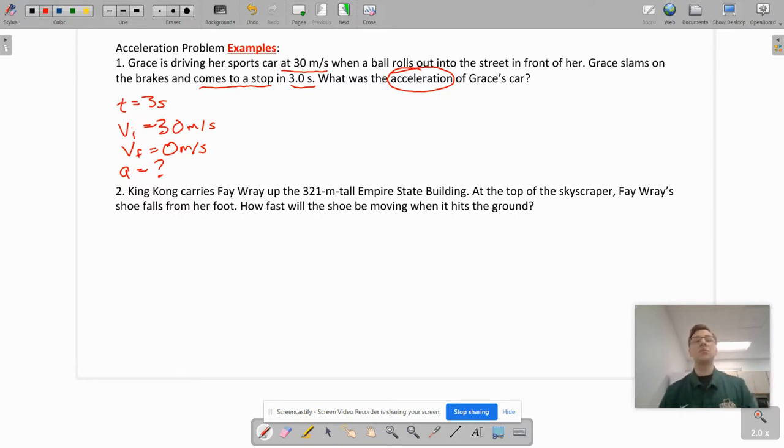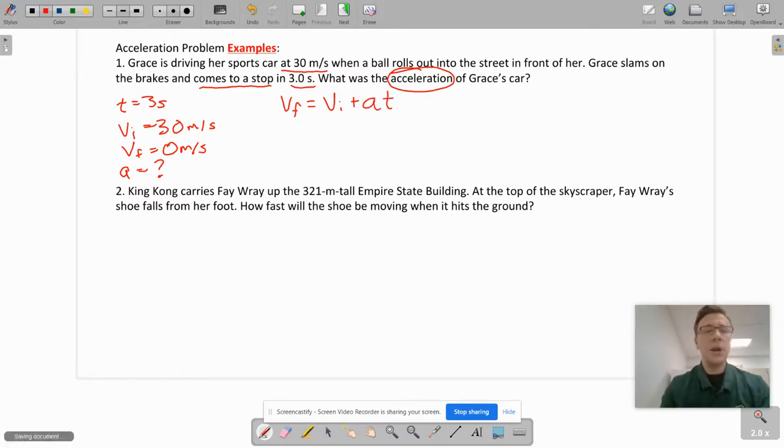And again, the answer is no to that because we're solving for acceleration. So immediately we know which equation to use. If you have the equations up next to you, or you have that other video pulled up, we're going to use the first equation that we talked about, which is this one right here. The final velocity of an object is equal to the initial velocity plus the acceleration times the time.